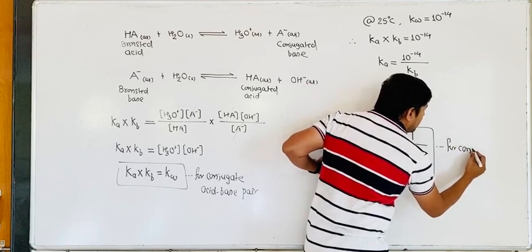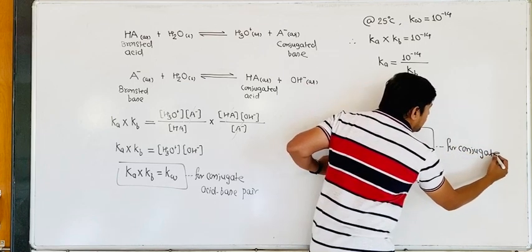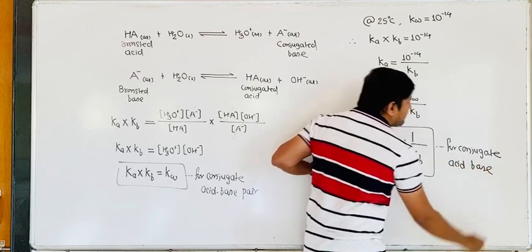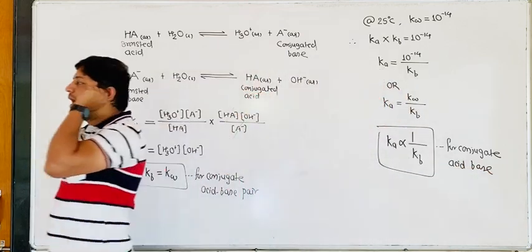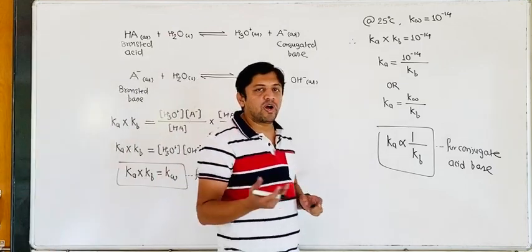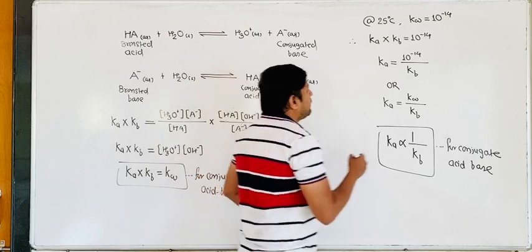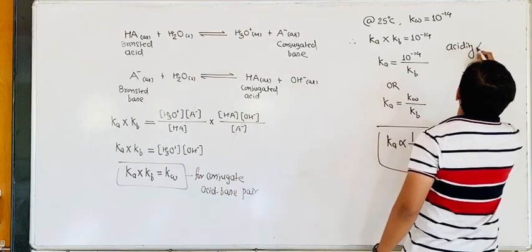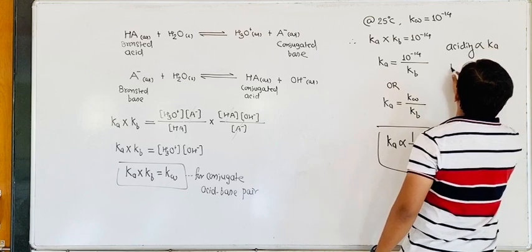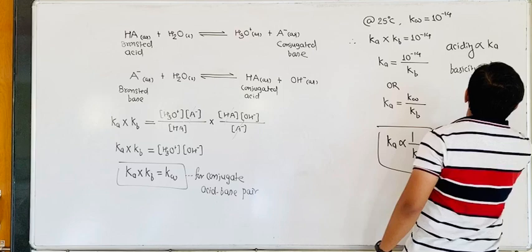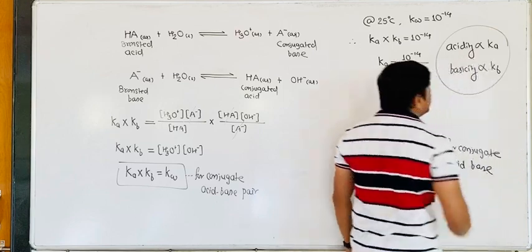for conjugate acid base. For conjugate acid base, what does that mean? When acid is stronger, we have seen acidity is directly proportional to Ka, whereas basicity is directly proportional to Kb.